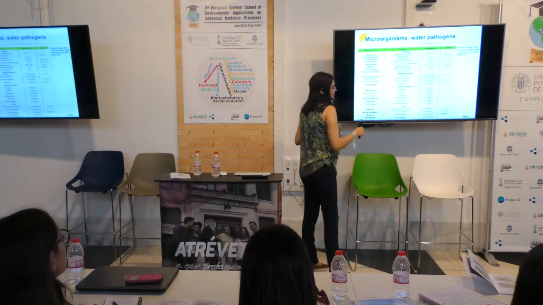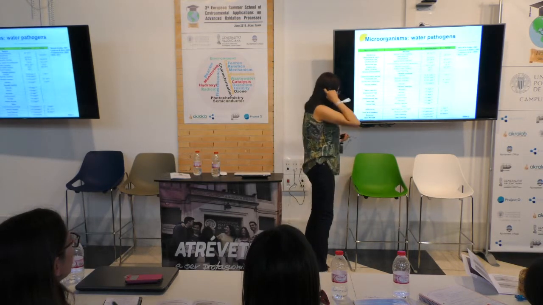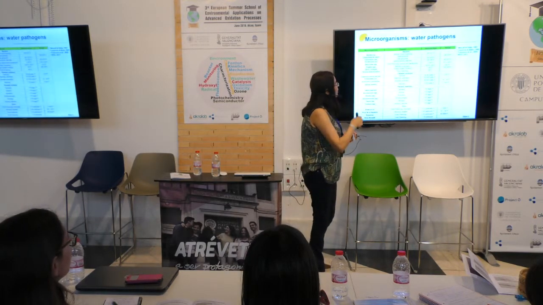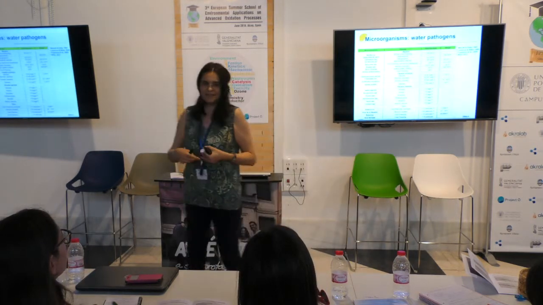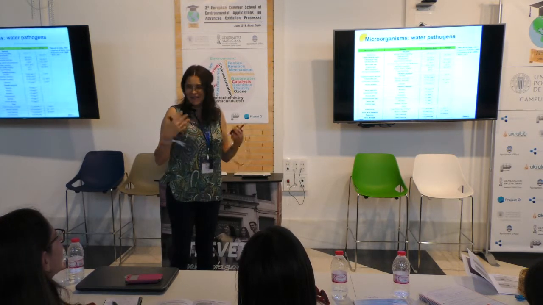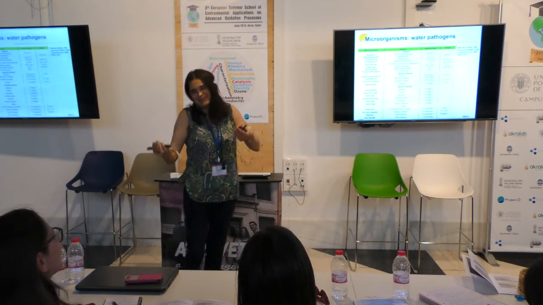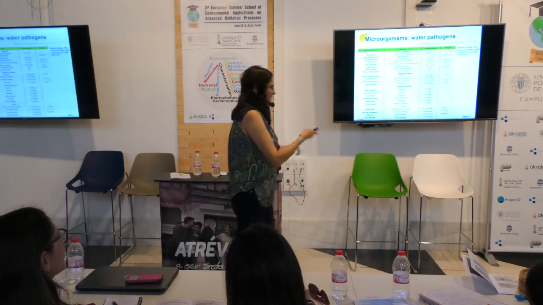Also some helminths, and of course viruses like enterovirus, rotavirus, or Norwalk virus. All these water pathogens generate diseases that normally affect the stomach and the intestine, generating the famous diarrhea, vomiting, poisoning, etc.